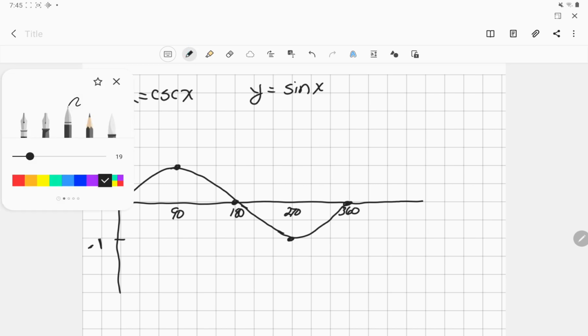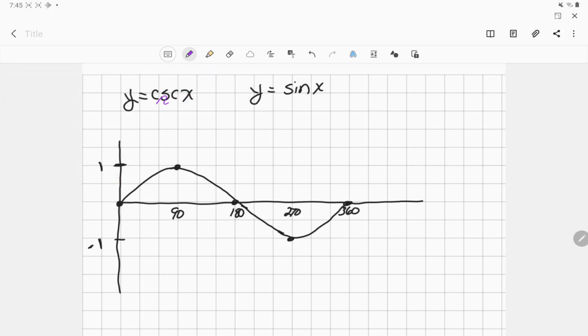Now, if I want to graph cosecant, we're going to do that in purple. Cosecant is the reciprocal of sine, so I use all those reciprocal rules that I know from graphing other functions like parabolas. One of them is that wherever the graph touches or crosses the x-axis, I have a vertical asymptote.